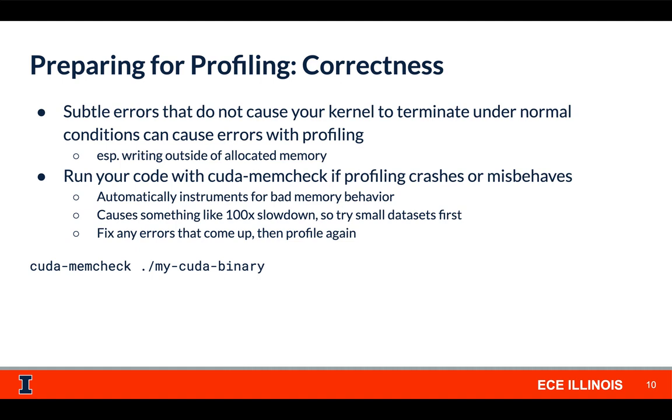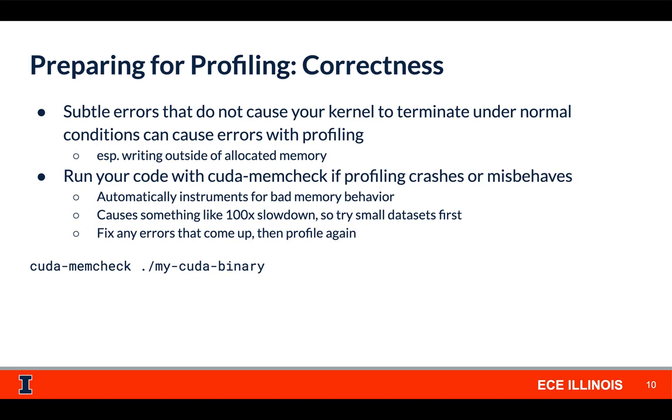One other wrinkle that I've seen students in 408 struggle with is that if you introduce some kind of subtle error, some kind of undefined behavior that doesn't cause your kernel to necessarily terminate under normal circumstances, it can cause errors during profiling, especially if you are allocating memory on the GPU and then writing outside the bounds of that allocation.